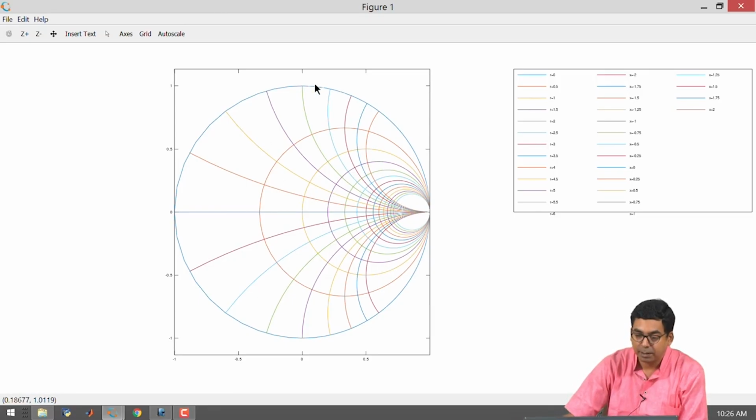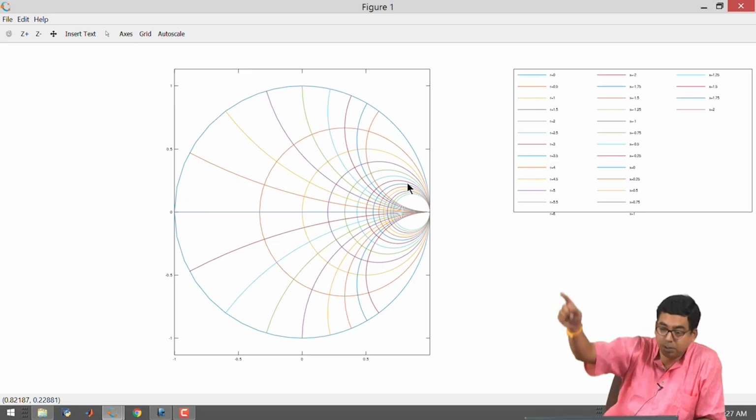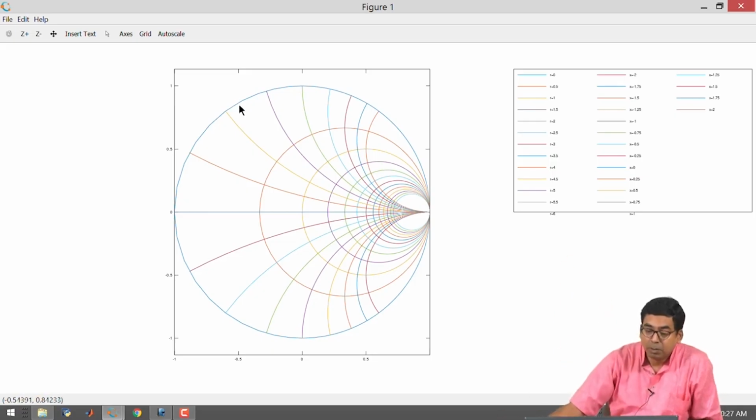Previously we had the circles which were shrinking in radius and moving to the right for fixed value of resistances with varying values of reactance. So the blue circle outermost corresponds to R equal to 0 with j going from one value to another.